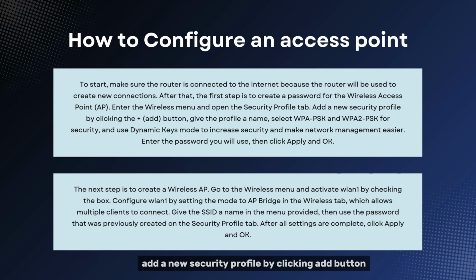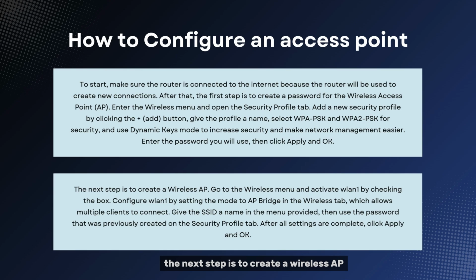Add a new security profile by clicking the Add button. Give the profile a name, select WPA PSK and WPA2 PSK for security. Use dynamic mode to increase security and make network management easier. Enter the password you will use. Then click Apply and OK.